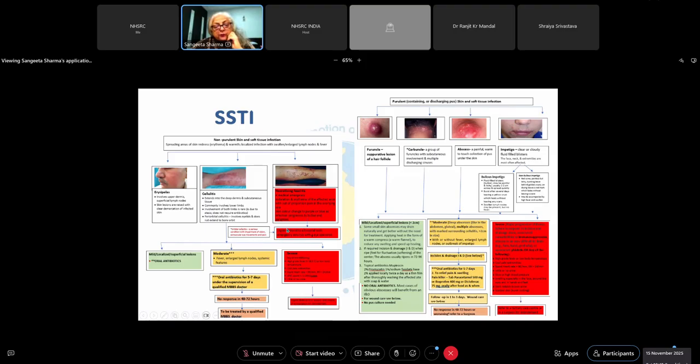But you also must recognize the danger signs, red flag signs here, which should prompt immediate action and save the patient. Now coming to purulent ones, these are very common. Abscesses, furuncle, carbuncle. Again, antibiotics are misused here. Here the source control is very important.